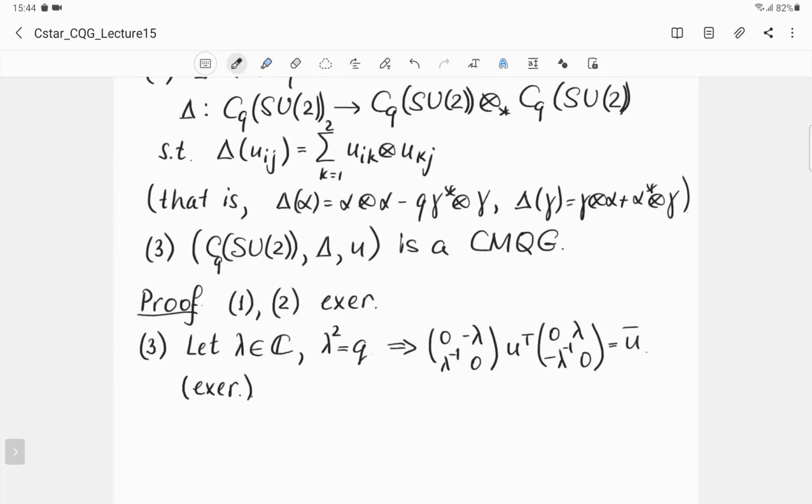Maybe I should put the minus sign in a different place. Okay, this is correct. Oh, no, this is not correct. Sorry, not U transpose, but this should be U bar, and this is U. Okay, so we already know that U is invertible, and this formula easily implies that U bar is also invertible.